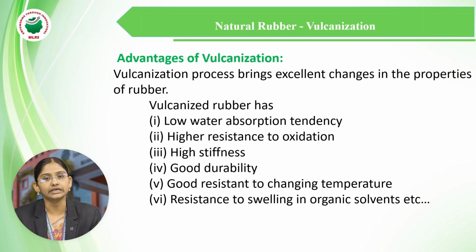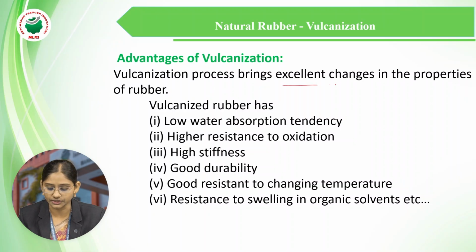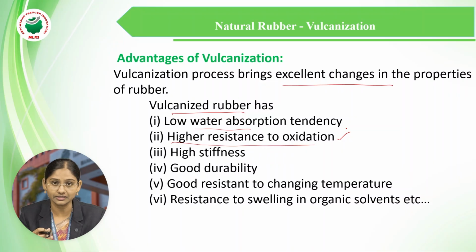Now we'll see what are the advantages of this vulcanization. Because of this vulcanization, it brings excellent changes in the properties of the rubber. This vulcanized rubber has low water absorption tendency and higher resistance to oxidation.